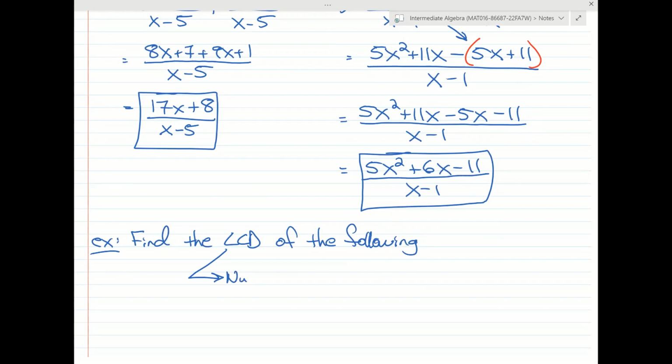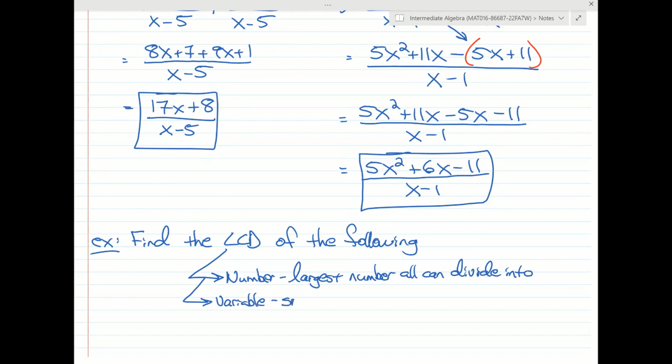One is the LCD with the number is we go with the largest number that all can divide into. And then as far as the variable, we go with the smallest power for all the letters in common.